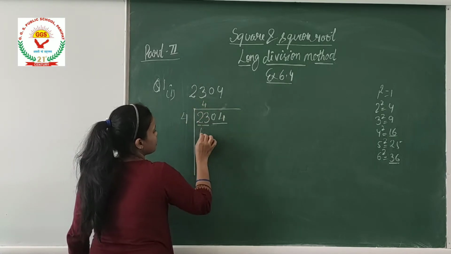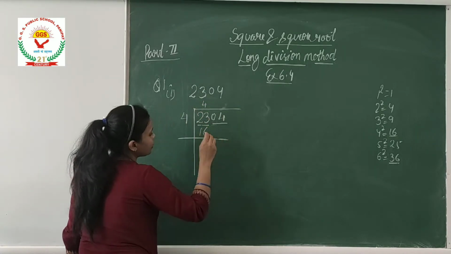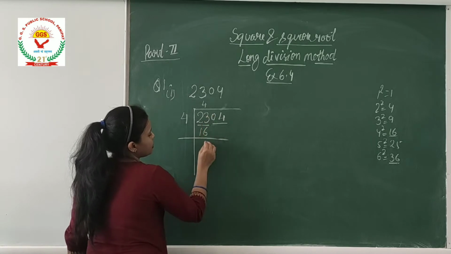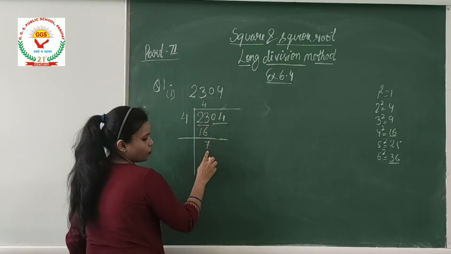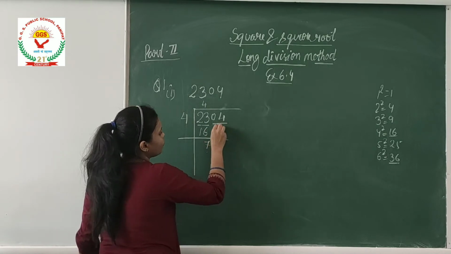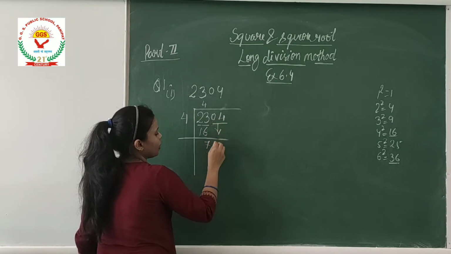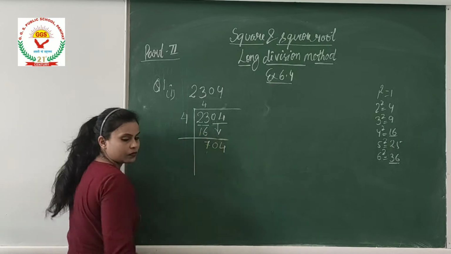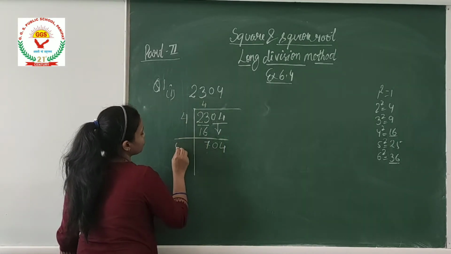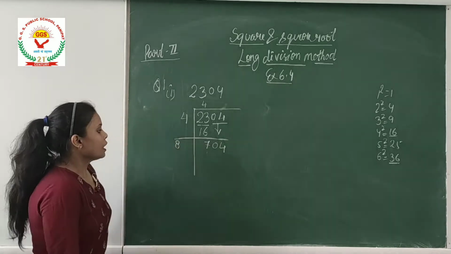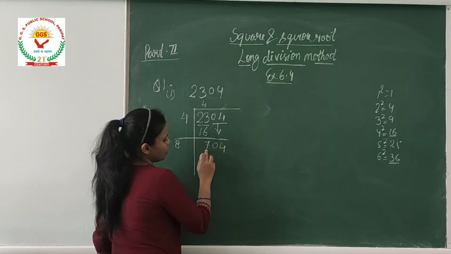4 4s are 16. Now we subtract 23 minus 16, and we get 7. Now we bring down 04 as a whole. Addition of this 4 and 4 is 8. Now we have the number 704.